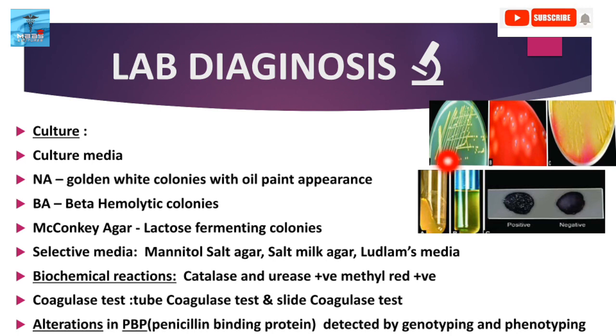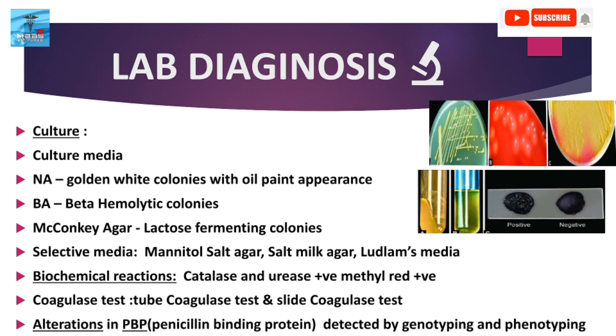In the figure we can see the tube coagulase test. Here test tube A shows a tube coagulase positive result and B shows a tube coagulase negative result, and this is the slide coagulase test. Here the positive result, here the negative result.